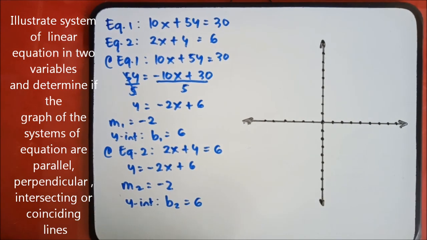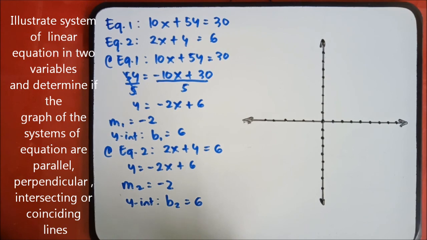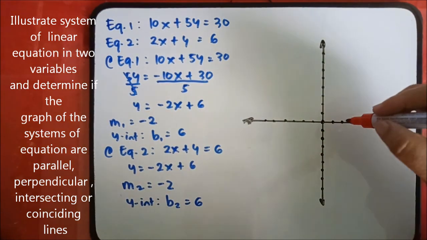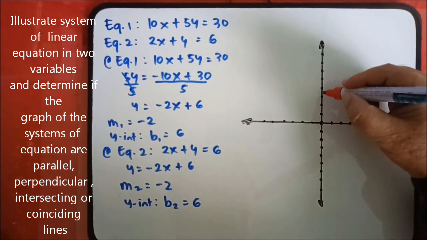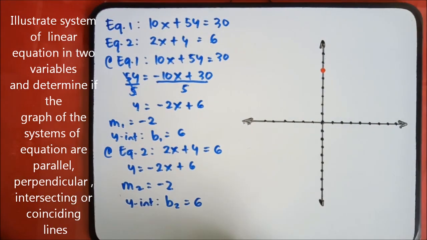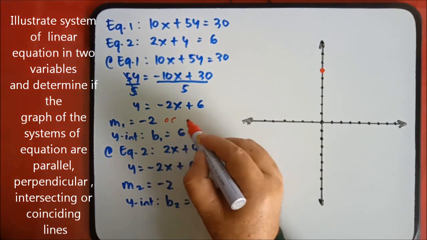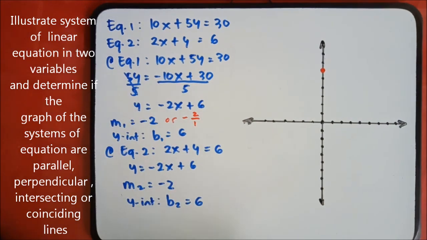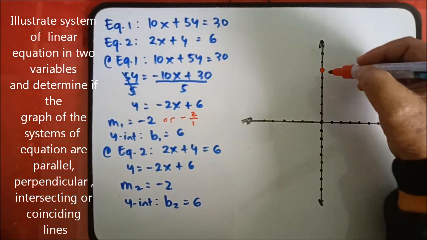Okay, we will graph now. Equation number 1 is 10x plus 5y equals 30. Now, what is our y-intercept? 6. So, expect this to be on top of 0. 1, 2, 3, 4, 5, 6. Okay, andito na. Now, what is our slope? Negative 2 or negative 2 over 1. Your run is 1. Ibig sabihin, pag negative, pabalik.